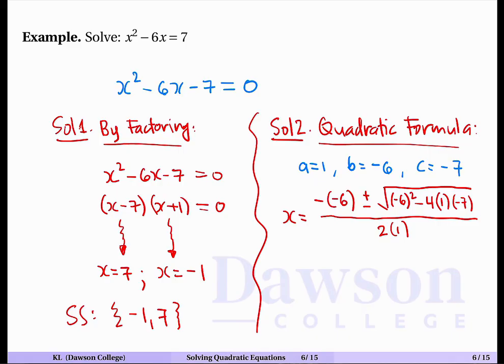So what's left to do here is just to simplify. Negative of negative 6, that's positive 6, plus or minus square root of negative 6 squared, that's 36. Negative 4 times 1 times negative 7, that's plus 28, all over 2.